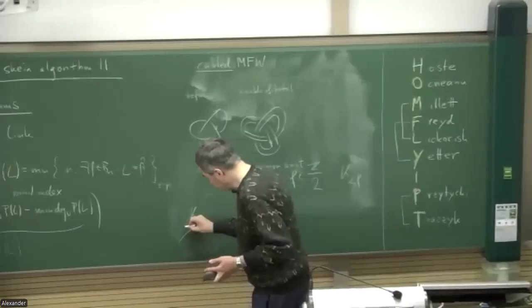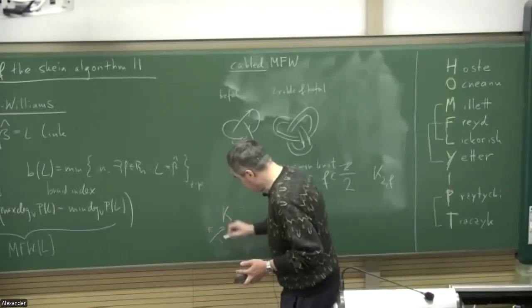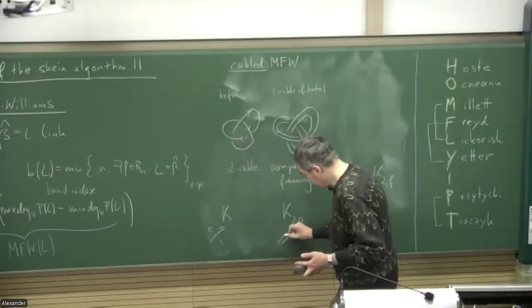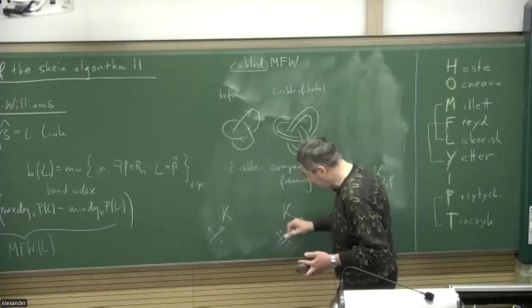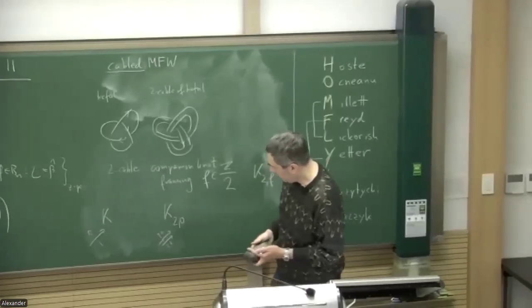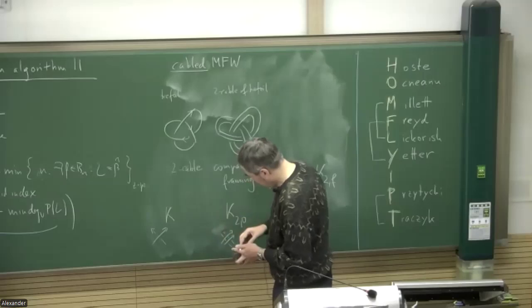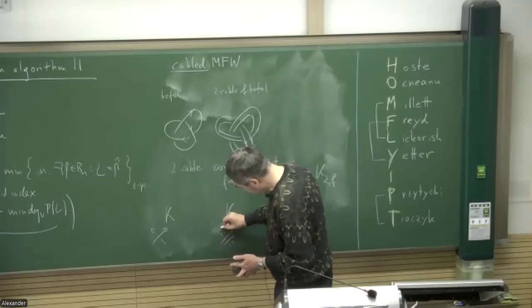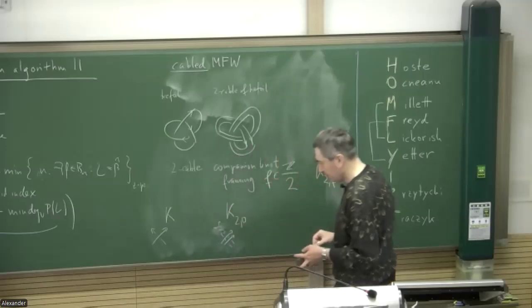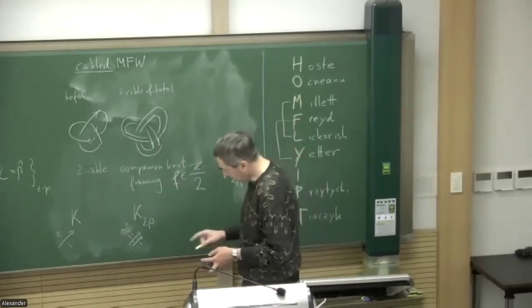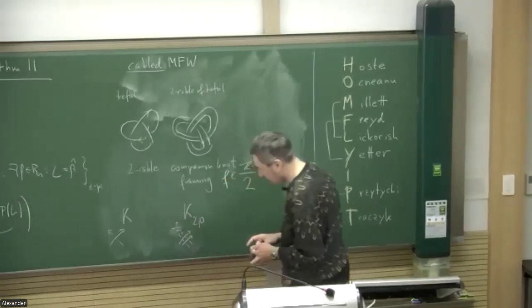You do the following. Whenever you have a positive crossing, you double the positive crossing, but then you introduce a twist, which is negative. So you introduce a negative half twist in one of the strands, so two negative crossings.